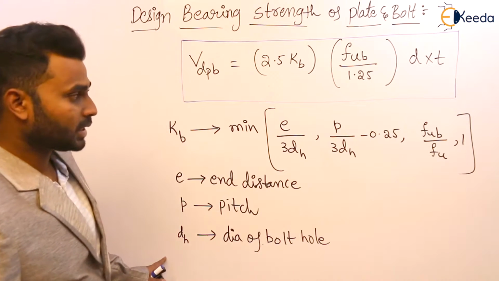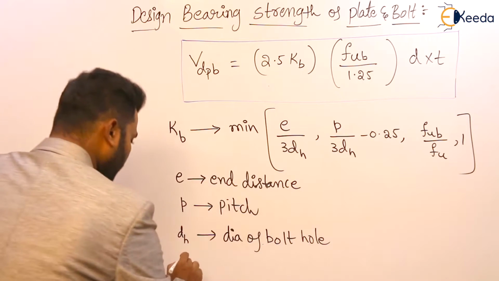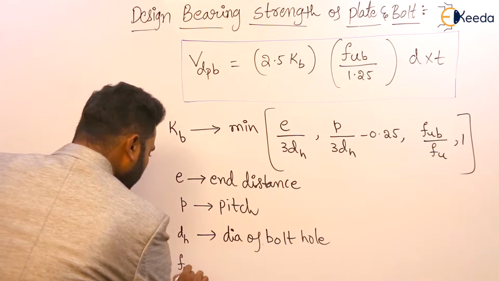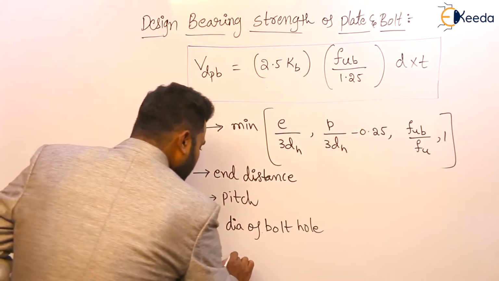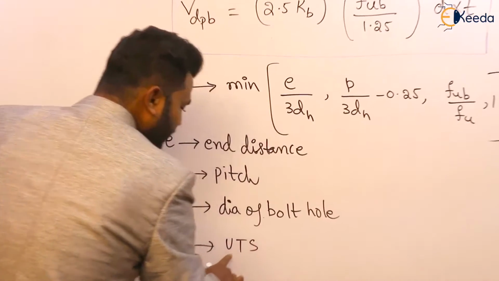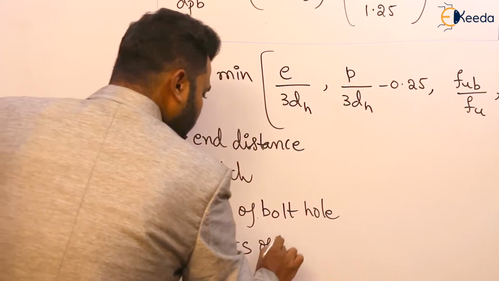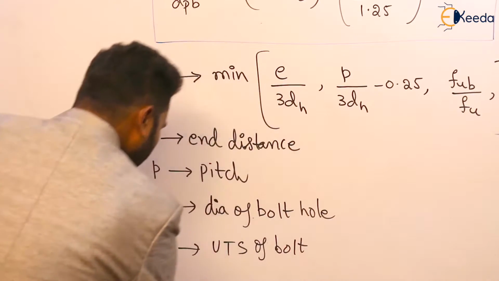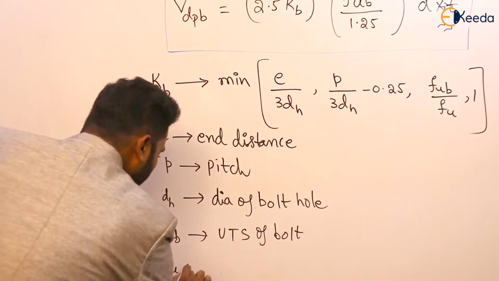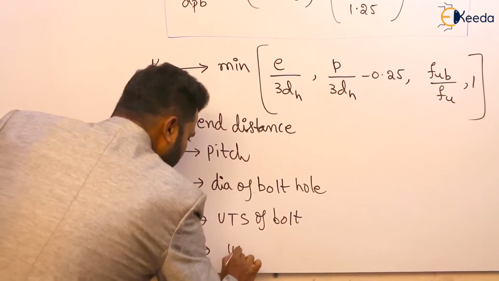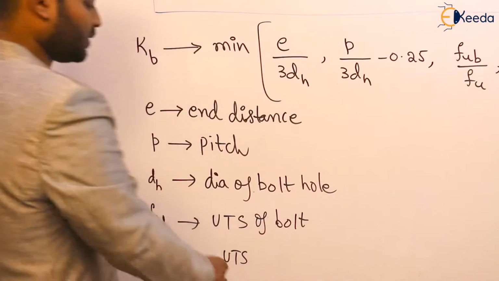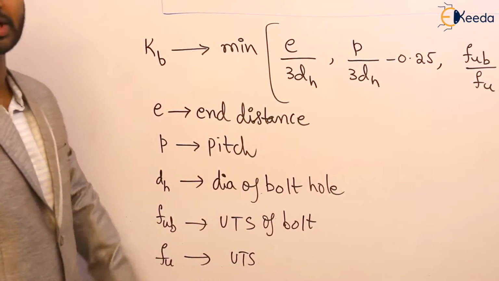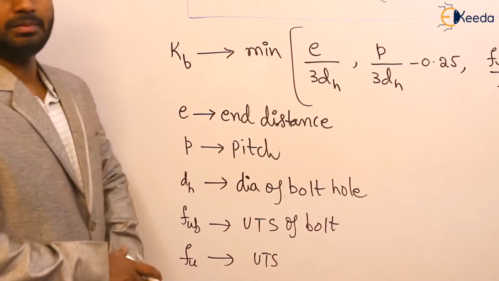Clear? Next term is fub. It is the ultimate tensile strength, UTS, of the bolt. And fu is for steel, meaning structural steel UTS, simply written as the ultimate tensile strength of steel. Clear of these other terms.